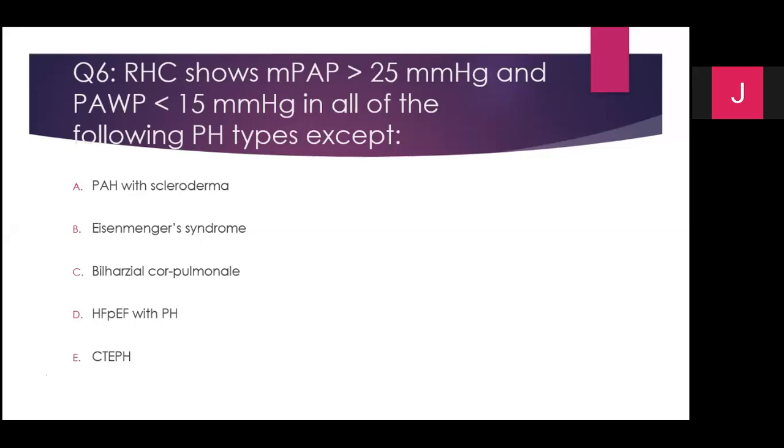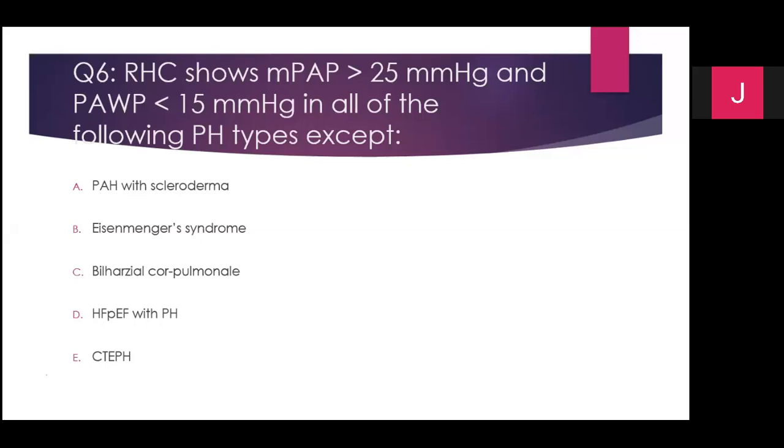To know the clue, I think we need to think about what is increasing the left-sided pressure in all these diseases, because an increase in left-sided pressure and left atrial pressure will raise the pulmonary artery wedge pressure.